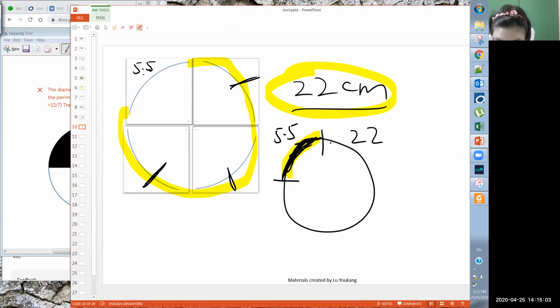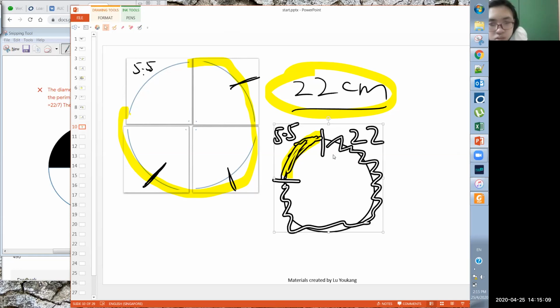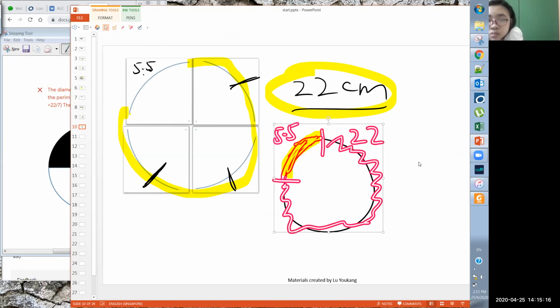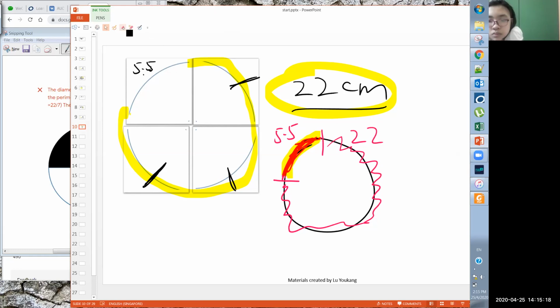Then what is this part? The entire one is 22 and this part is 5.5. Then what is the purple color?